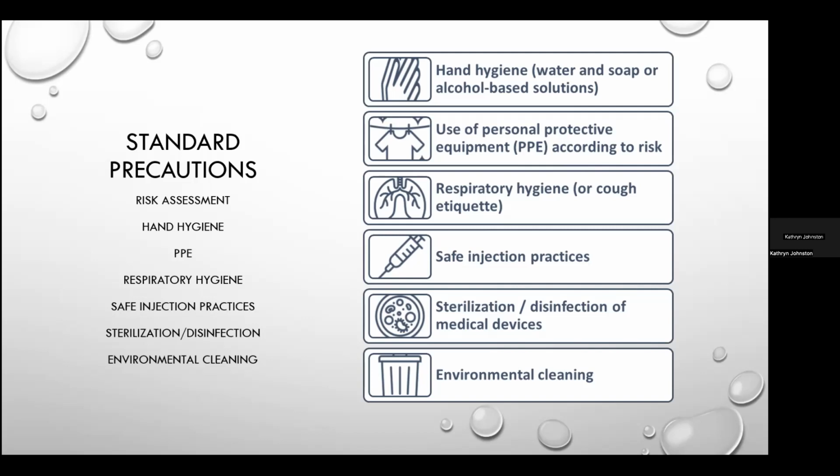Standard precautions were expanded to include the respiratory hygiene component in response to the experience with SARS outbreaks in 2002, so in 2003. So this is a relatively new addition to standard or universal precautions.